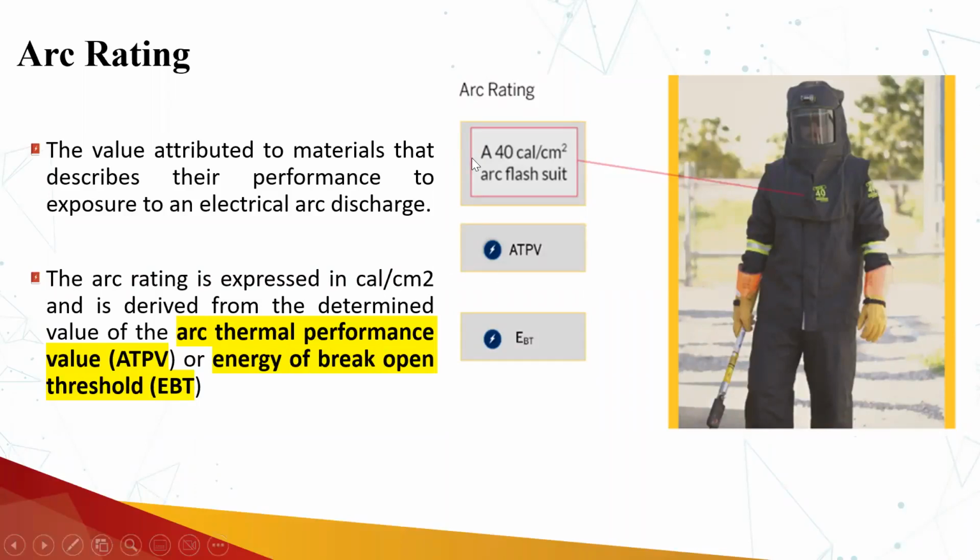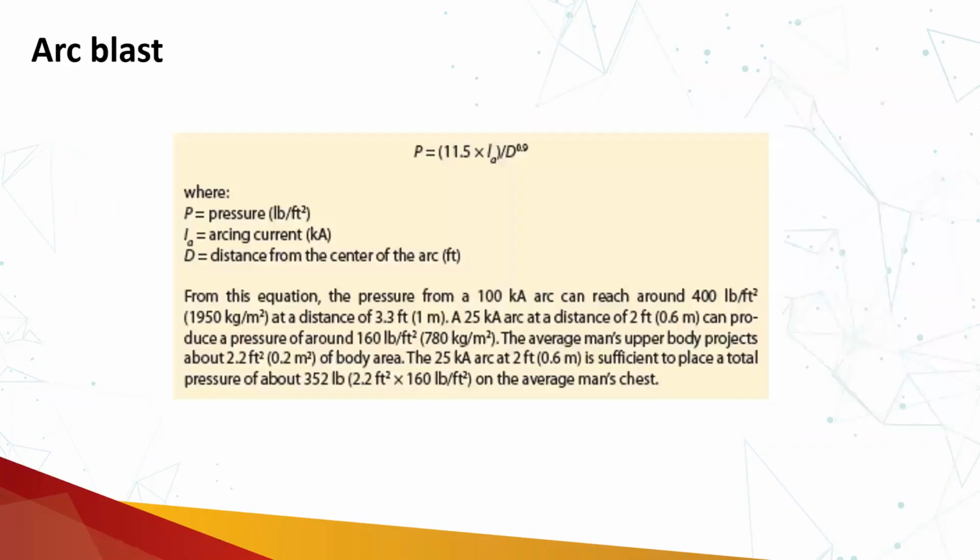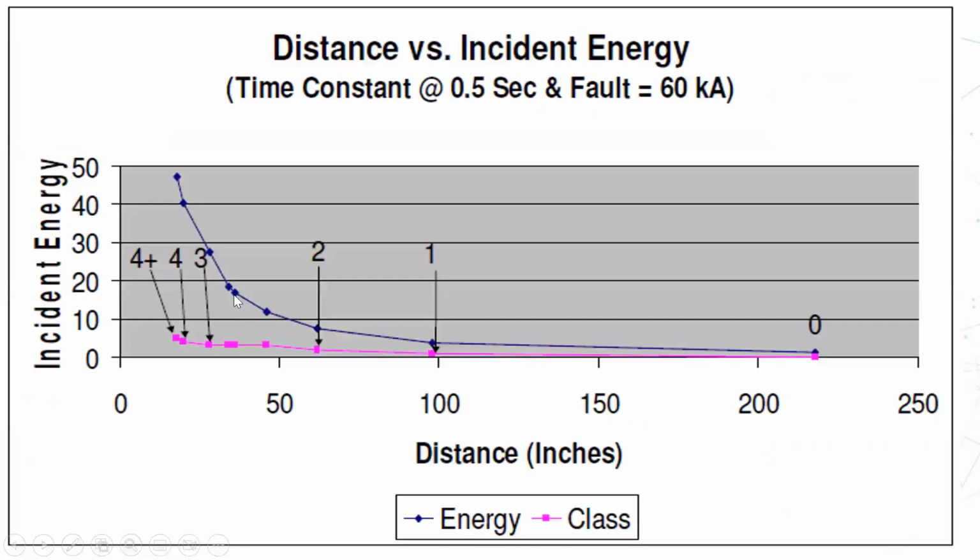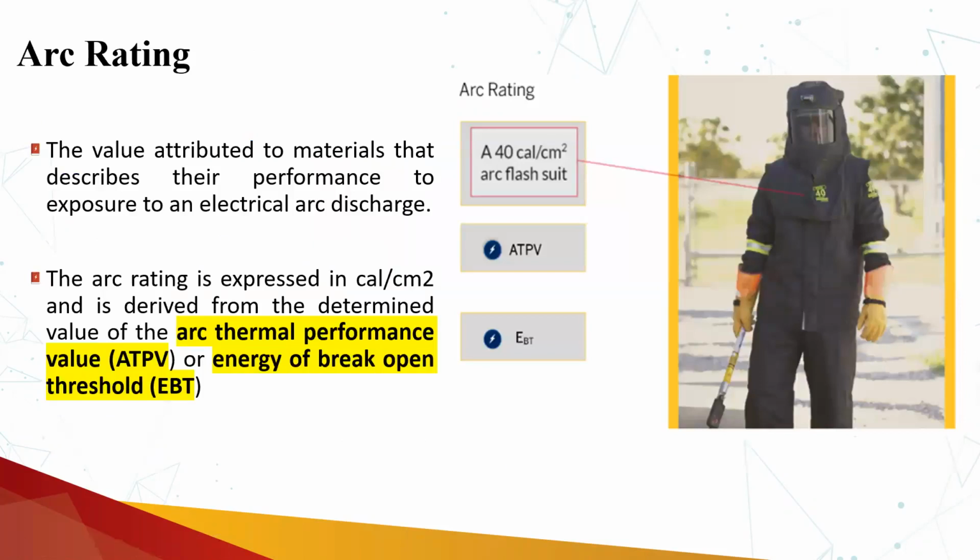That means this arc rated clothing is there to protect you against an arc flash event. In the complete NFPA 70E standard, you won't find any personal protective equipment rated for pounds per feet square. So if an exam question asks whether this personal protective equipment will protect you against all the hazards, the answer is no.